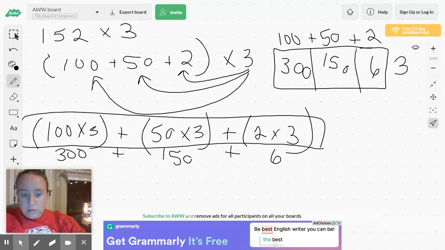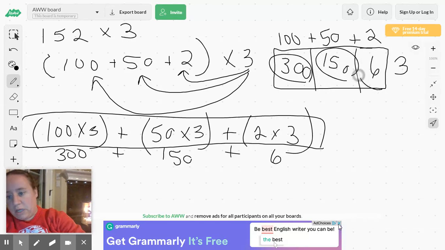But anyway, so you take what you've gotten, the 300 plus the 150 plus the 6. These are the partial products. It's called a partial product because it's part of the product. And then we add them. So 300, 150, 6.